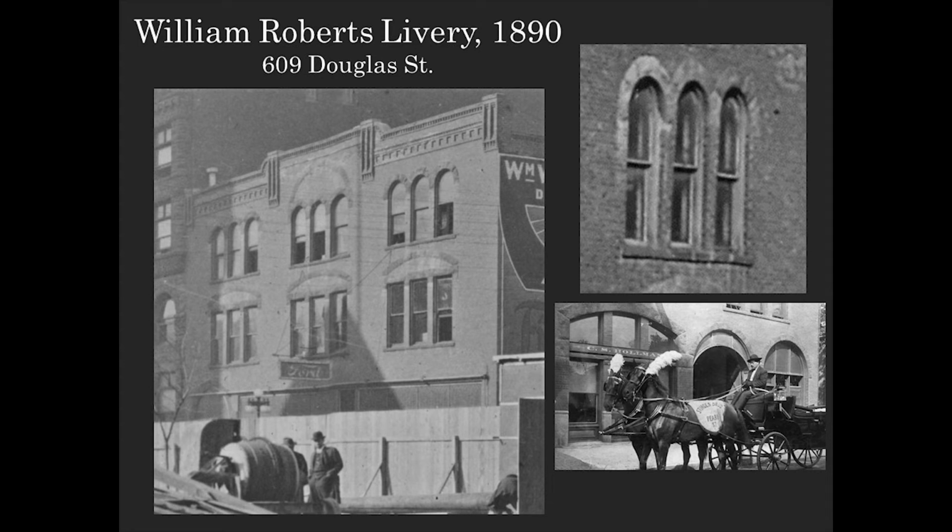Kind of a minor project is the William Roberts livery, built in 1890 at 609 Douglas. It's kind of one of those buildings that is vaguely Richardsonian Romanesque. We do have bands of arch windows, and just above those window sills, the window lintels are rough cut stone.